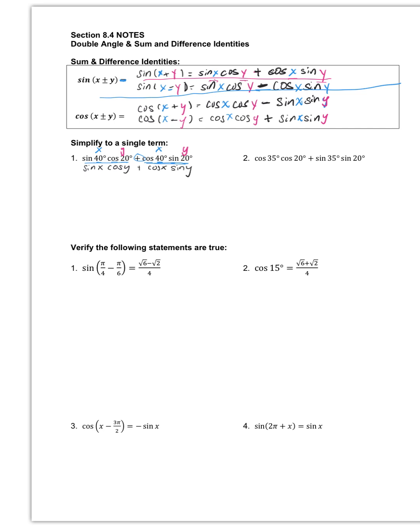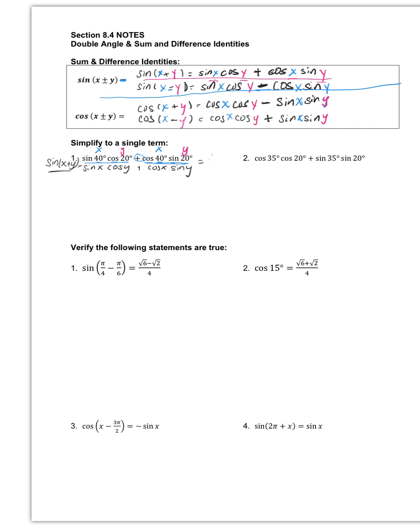Now, how is that going to help me? Well, I know that this equals sine of x plus y. So these are two terms, but I can really make it one.